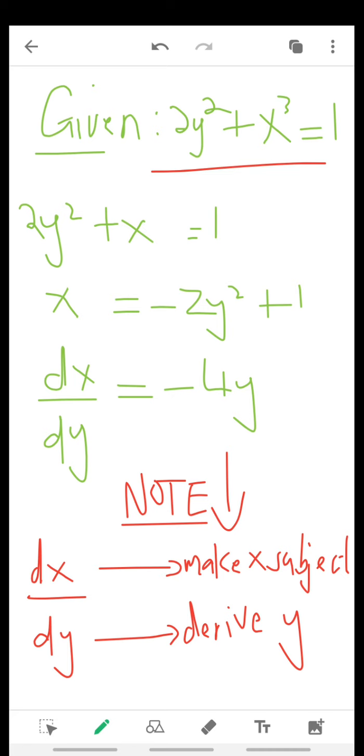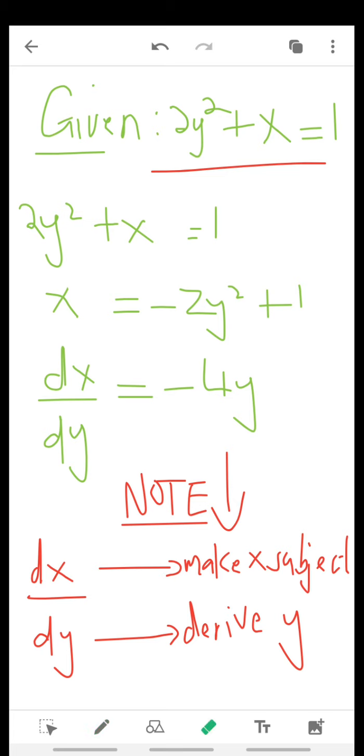I'm given here 2y squared plus x squared plus 1. Okay, this is the top formula. Now take dy over dx, it is the opposite. So what does it mean? It means with x as the subject of the formula, to derive the exponential derivative that I'm going to do is to simplify x with x as the subject of the formula.